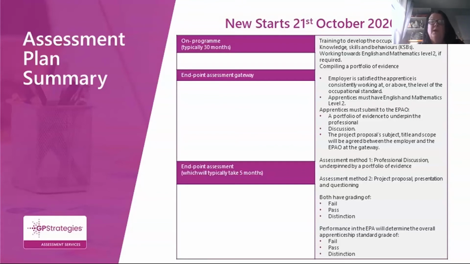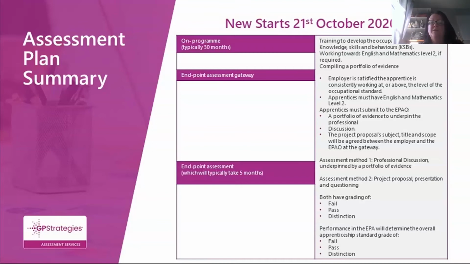Once your apprentice is ready for Gateway, it's all about whether the employer is satisfied that the apprentice is working at that level. That's when the declaration form is completed, the three-way Gateway meeting, where everybody agrees that the on-programme has been met and that the apprentice is now ready to move into endpoint assessment.